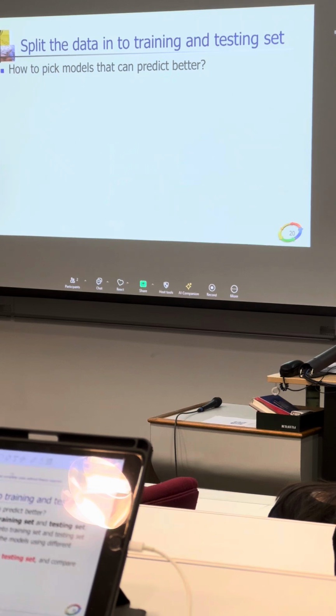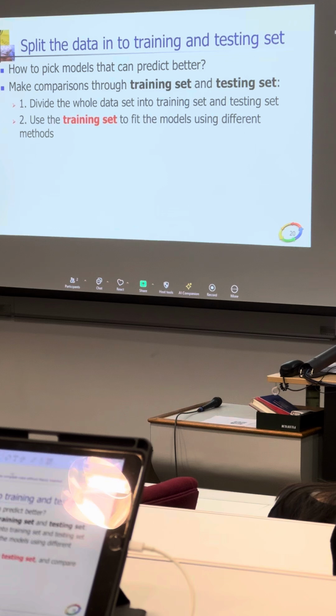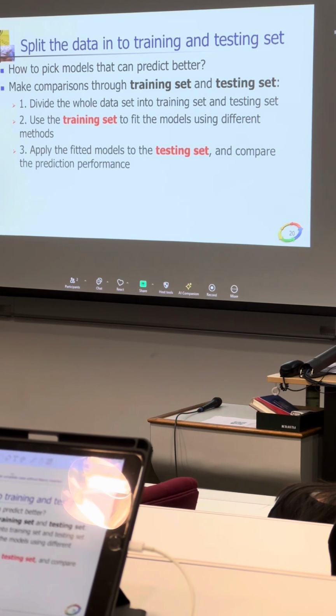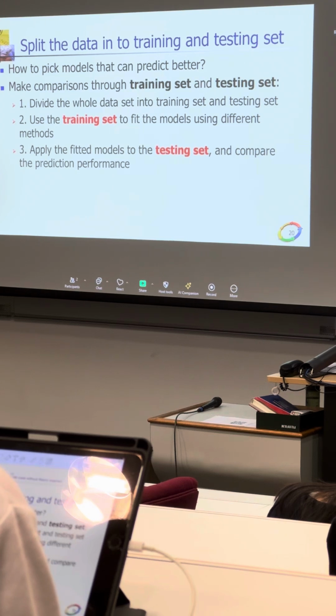Now, what we can do is that we can split the data into training set and test set, and then we use the model that we build on the training set to predict, okay, the Y value on the test set. Okay? And what we do is that we compare the test set performance. We will choose the model that gives the best performance on the test set.